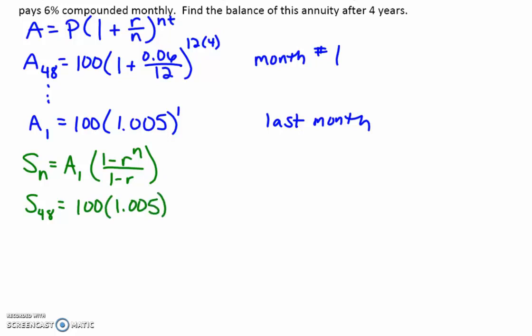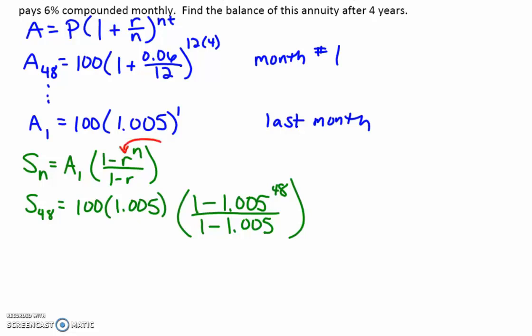That was our starting point, right? And then we're going to multiply by 1 minus 1.005 to the power of 48 over 1 minus 1.005, because the r is 1.005. It's a different r this time. It's not the rate. This is our common ratio. So keep in mind that this r is the common ratio, not the interest rate. Okay, r stands for something different this time.